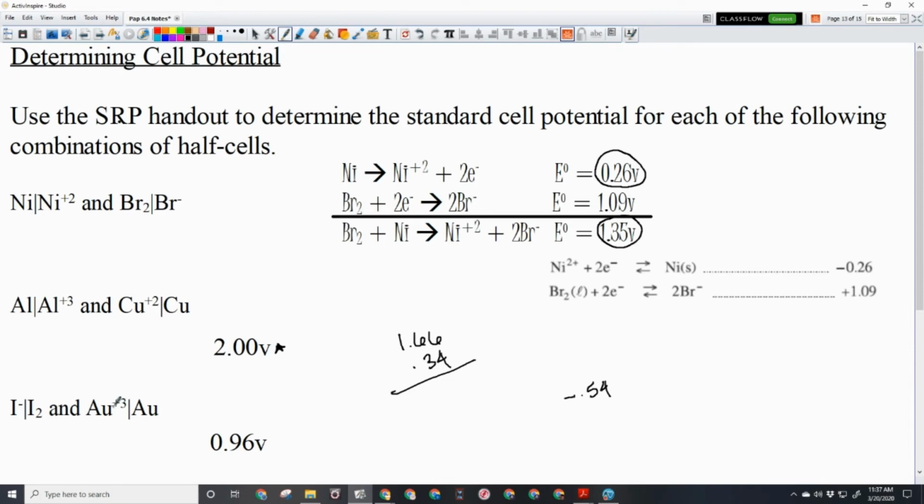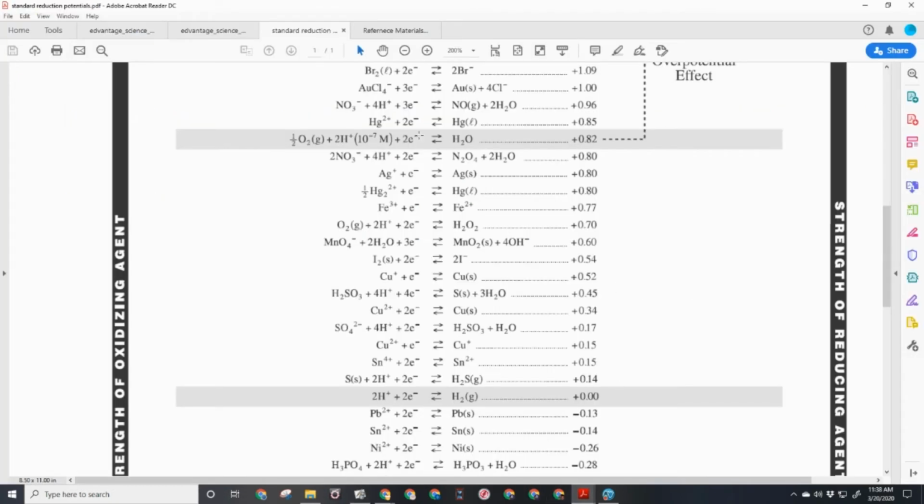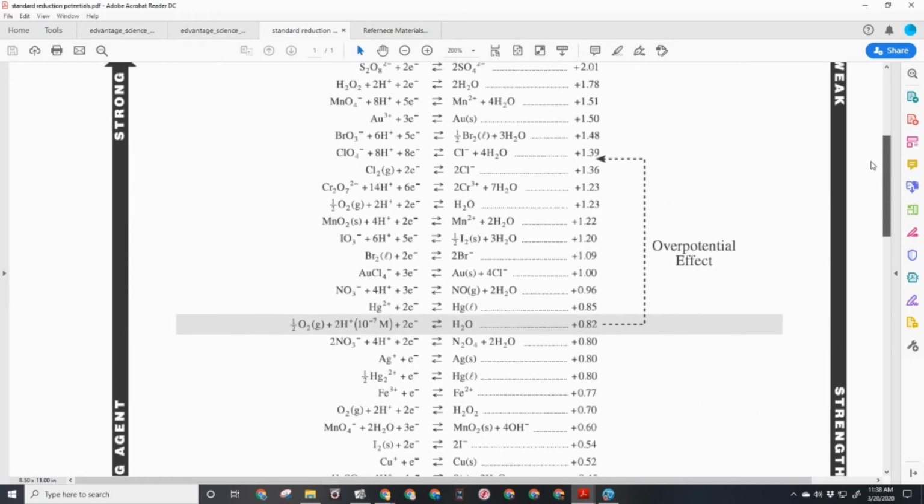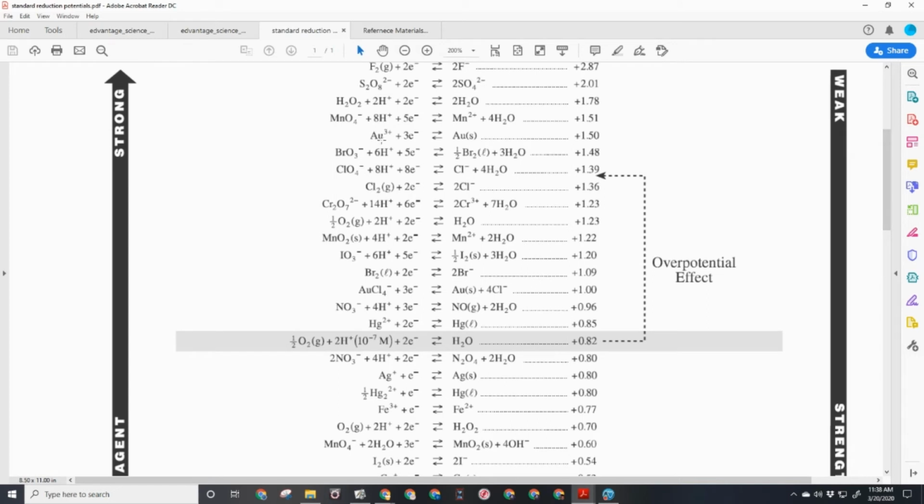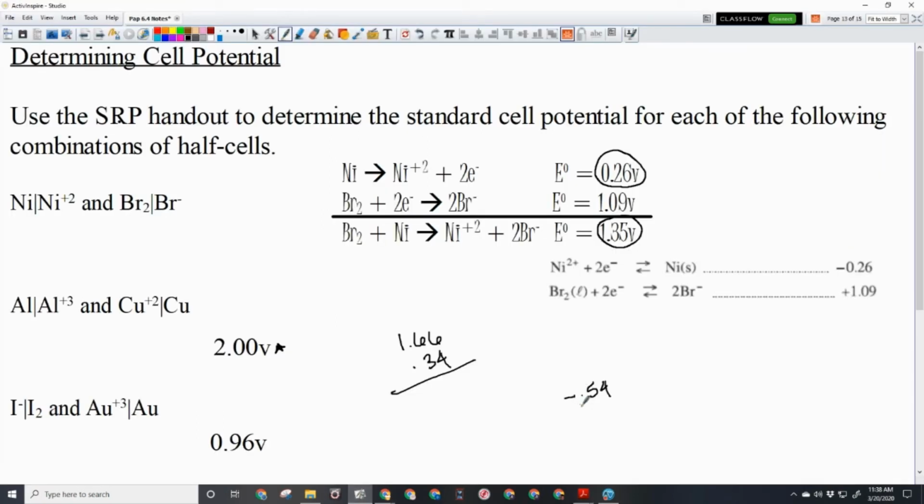And then we have gold +3 to gold neutral. Right here, gold +3 to gold neutral. That's a 1.50.